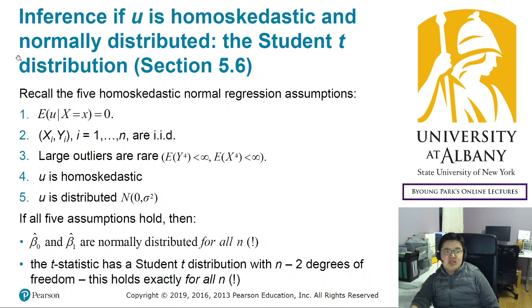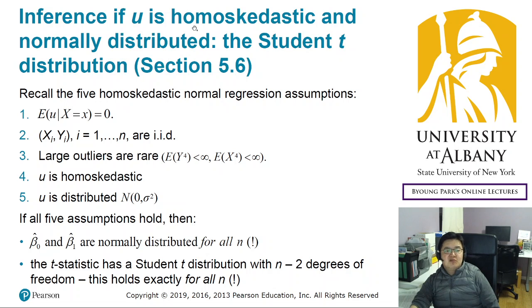The main difference is that to have this Student t distribution, you need to assume that the error term is homoscedastic, which is acceptable up to this point. But you need an additional assumption that the error term is normally distributed. This is a very strong assumption.